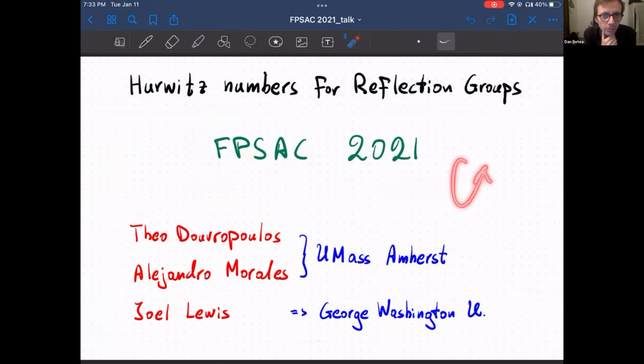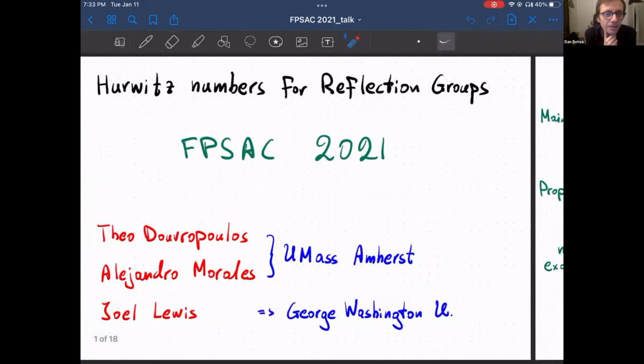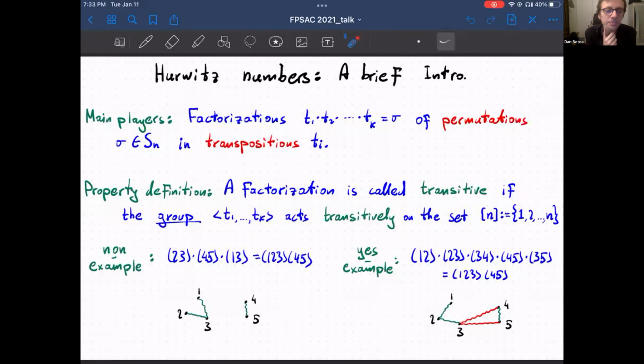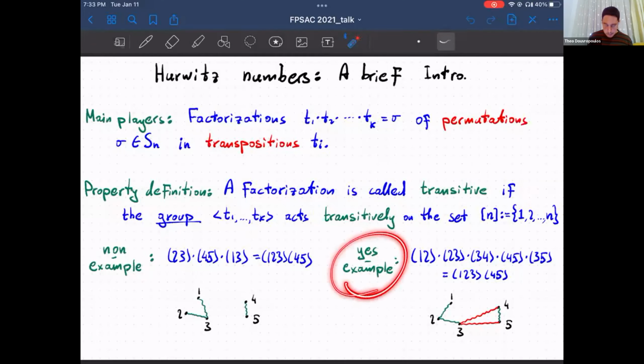And can you also try to move the slides? Yeah, it works. Okay, how does it look? Excellent.